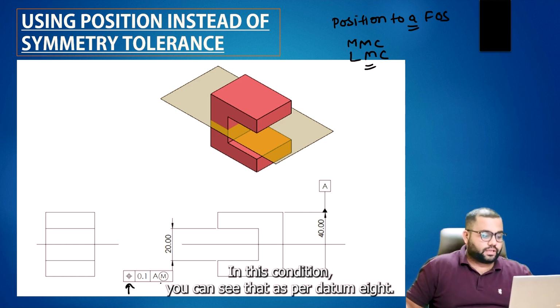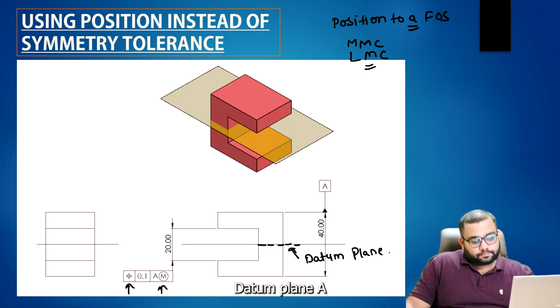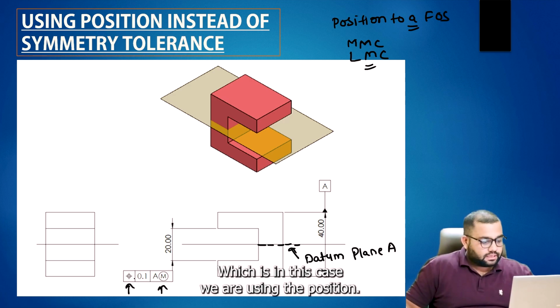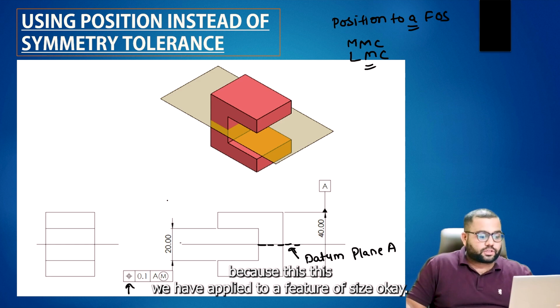In this condition, as per datum A, this plane is datum plane A. Here we are using position, so we are getting more tolerance zone because we have applied it to a feature of size.